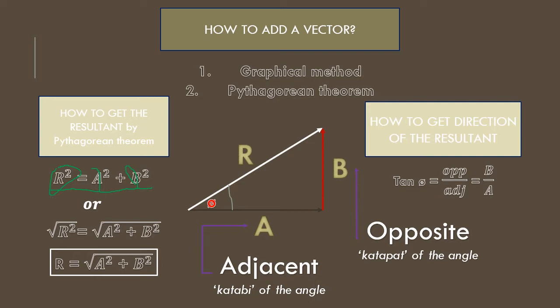Okay po. So, to simplify, para mas madali sa pag-solve, meron siyang simplified formula. Square both sides para makuha natin yung r. O yung resultant is equal to square root of a squared plus b squared.